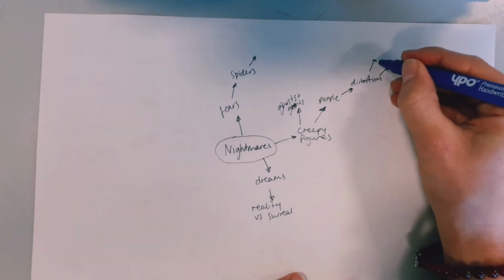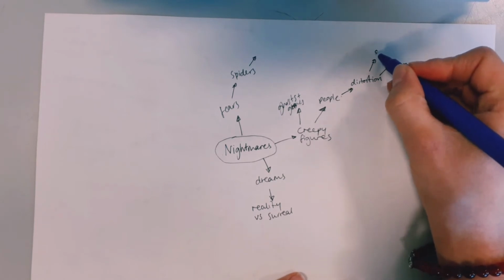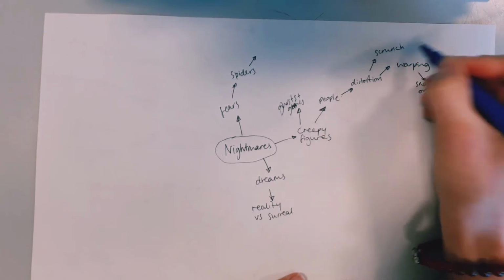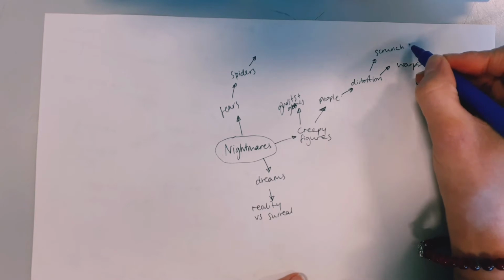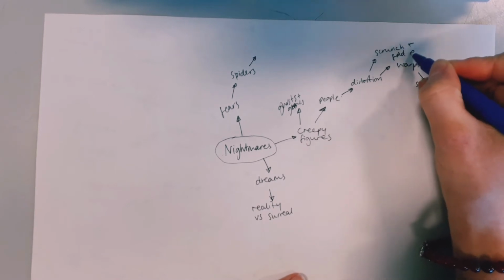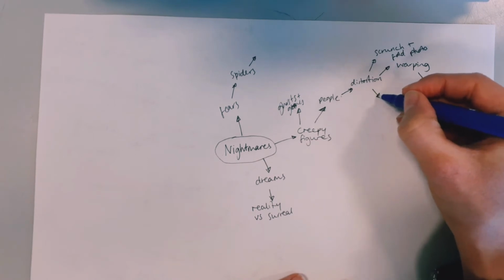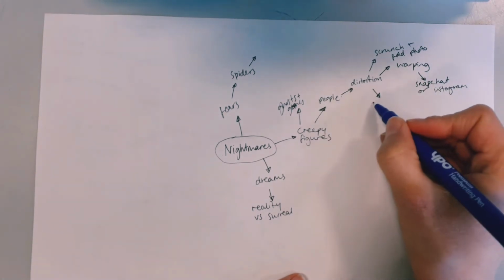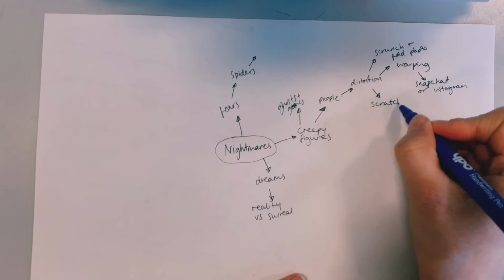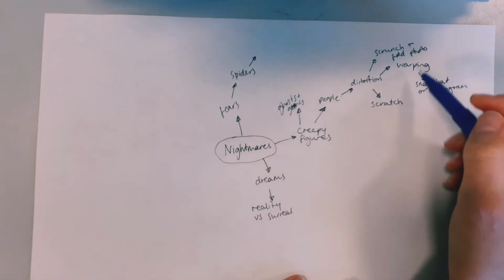What other ways could you distort? You could scrunch up photos, scrunch and fold them. How else could you distort them? You could scratch into photos and different ideas like that.